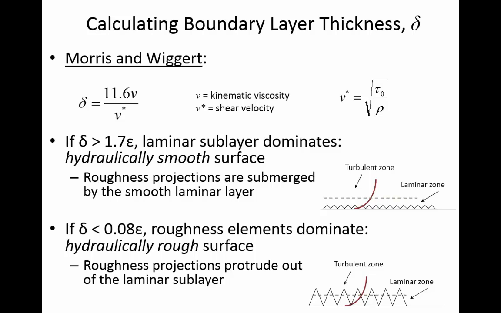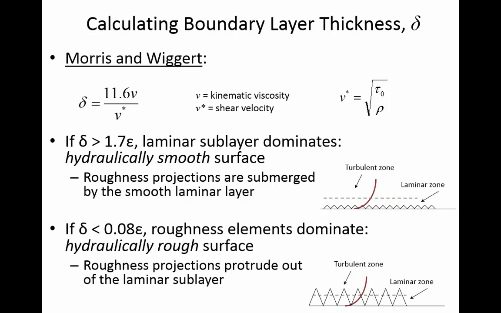But we can say that if that laminar layer is really small compared to the height of the roughness elements, then the peaks of the roughness elements are going to project into the turbulent zone. And so the water that's flowing past is going to be very highly influenced by the roughness sticking out into the turbulent flow.